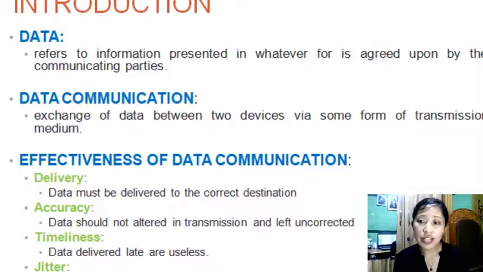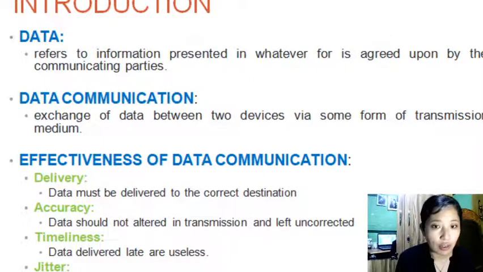So the information has to be presented in some form, okay, which the other party should be able to understand. So that information which is in the presentable form, which can be understood by the other party, that is called data. And the main objective of computer network is data communication, that is to exchange the data between two devices by using, in between, the transmission media.